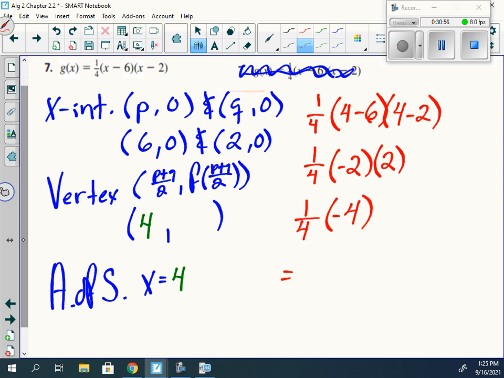What is 1/4 of negative 4? Negative 1. So the vertex is the point 4, negative 1. The axis of symmetry is x is equal to 4. And our two x-intercepts are the points 6, 0 and 2, 0. Questions on this here?